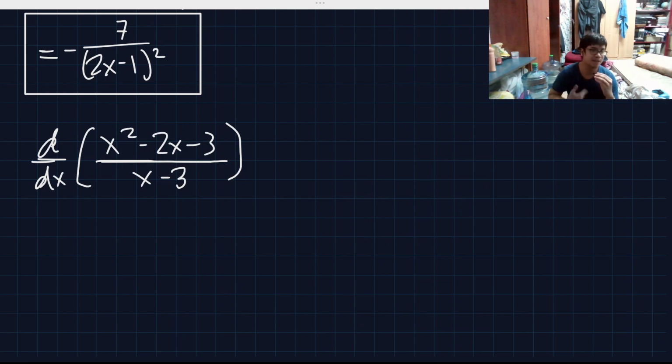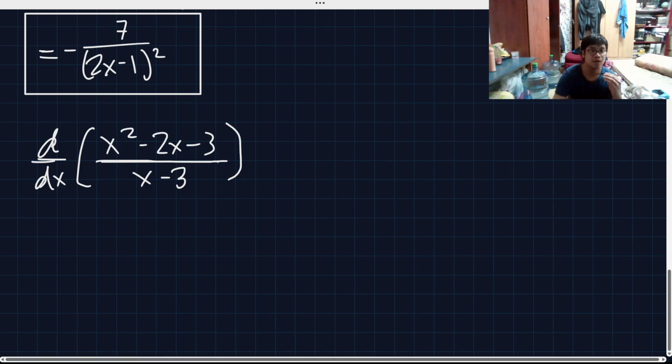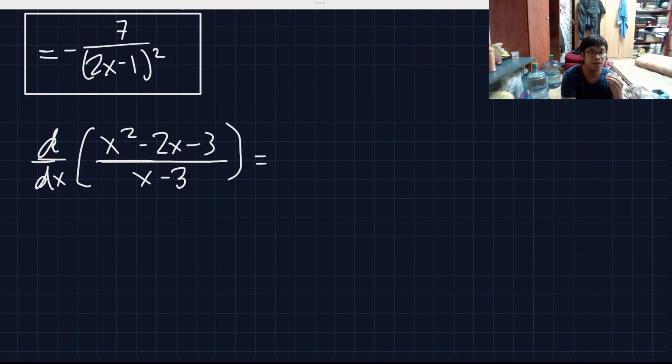Why is it that I'm not going to do the quotient rule even if it's already like a cue for us to do so because it looks like a fraction? Obviously, the quotient rule is not needed because I can simplify that function. So you see, let me rewrite this problem. We have the derivative of x squared minus 2x minus 3.